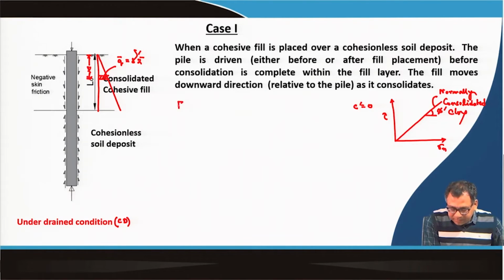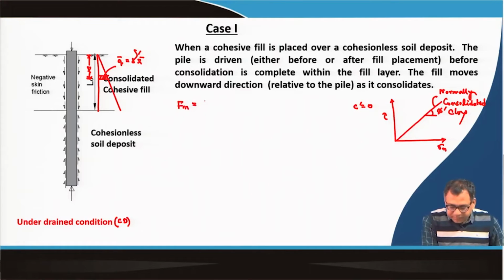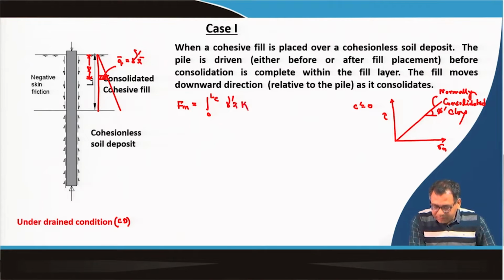So, the skin friction will be from 0 to L_c, this is gamma dash into z. There will be k we have to multiply, because gamma dash into z is the vertical effective overburden pressure. If we multiply with k, it will be lateral, then there will be tan delta.